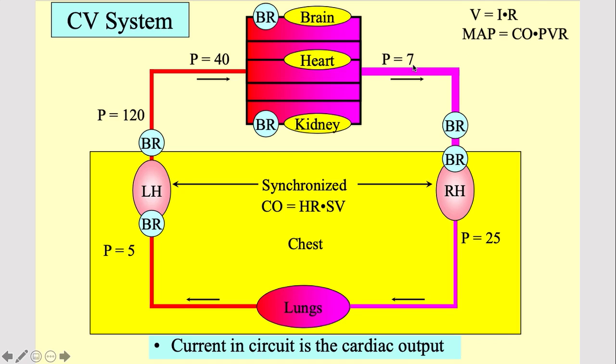Then that will cause less pressure here, because this pressure of 40 now is pushing against even less resistance. So instead of 40, it will be 35, which will allow a greater stroke volume from the left heart. It's normally pumping at 120, but since the pressure here is less, we have less afterload, or less resistance of previous blood pressure for the left heart to push against.